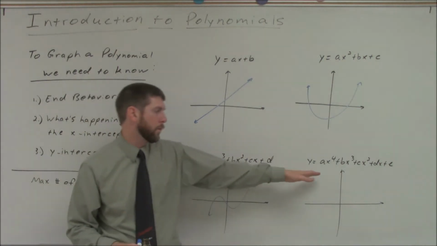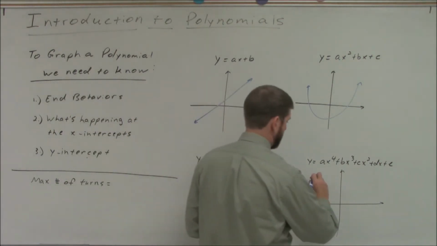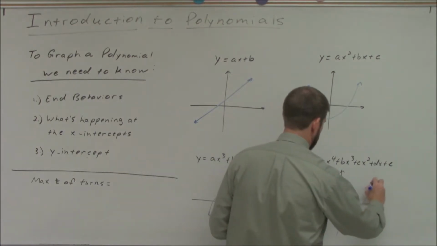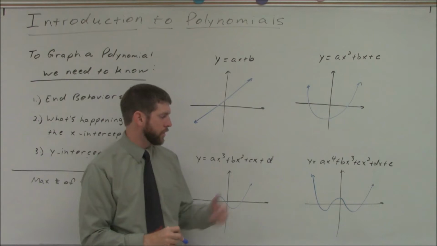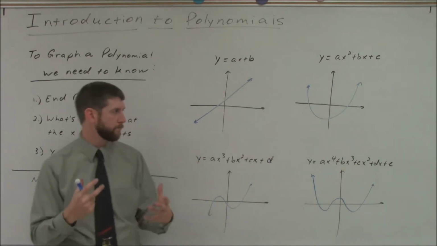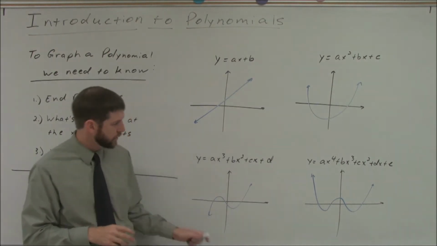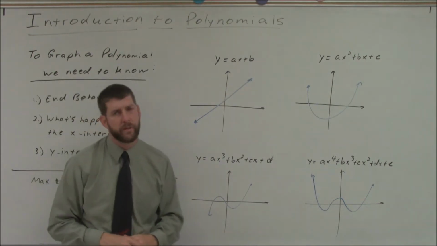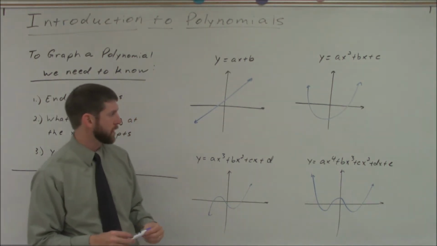And then the quartic polynomial, x to the fourth degree, is going to have a curve along those lines. The coefficients are really what dictate where this is happening and what the overall stretches of each of these are.